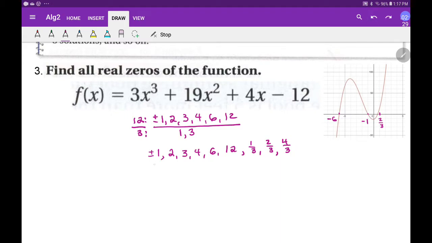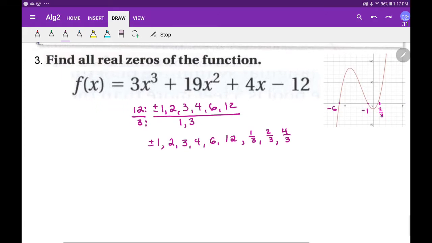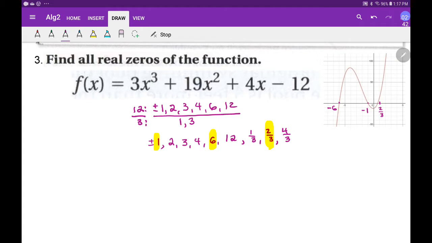Okay, so those are my possibilities right there. And I was talking over here about maybe having 2/3 as a possibility, and 1 as a possibility, and 6 as a possibility. More specifically, a negative 6, and a negative 1. Okay, they're all plus or minus.